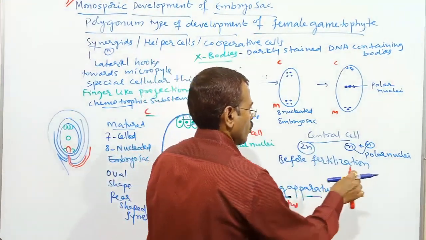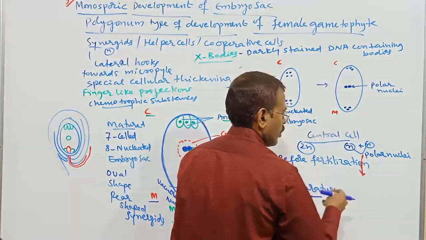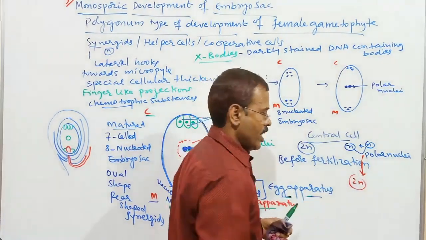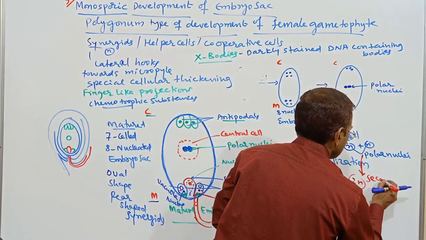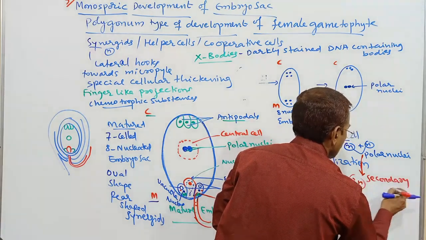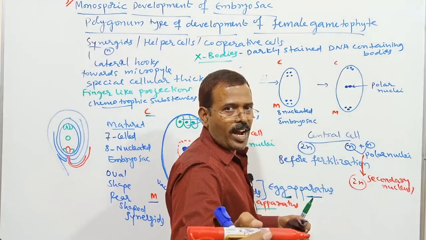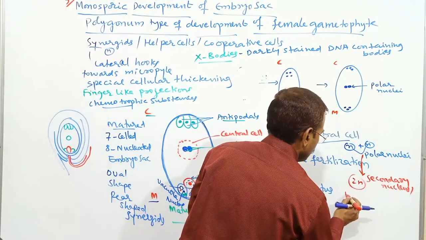When they fuse, they produce a diploid secondary nucleus, which is also called the definitive nucleus.